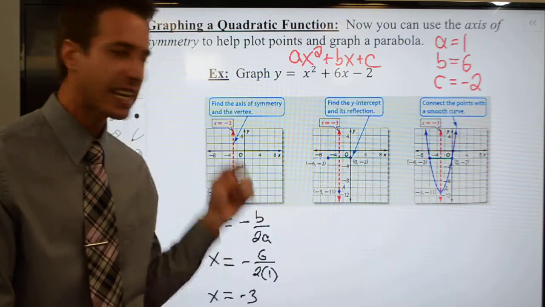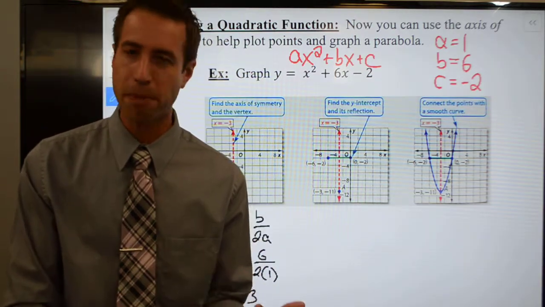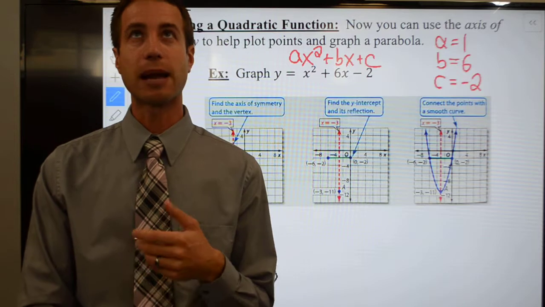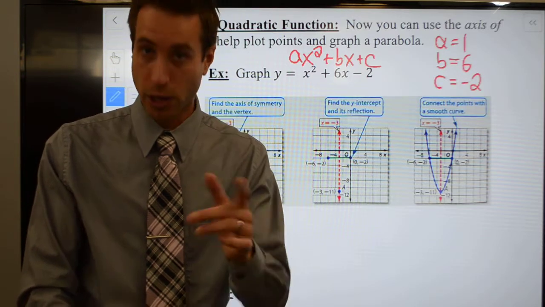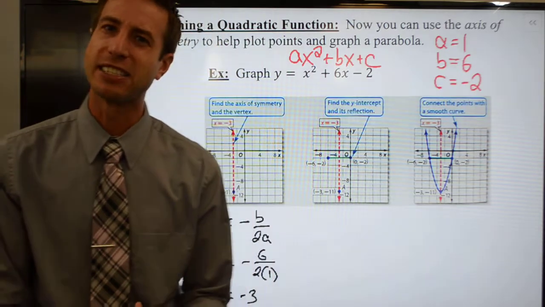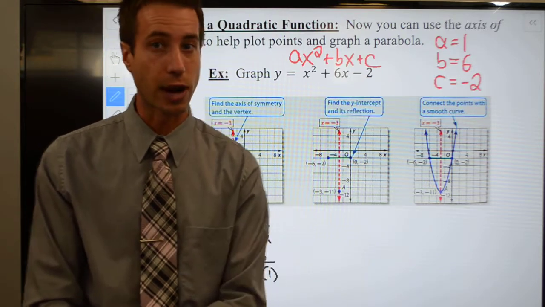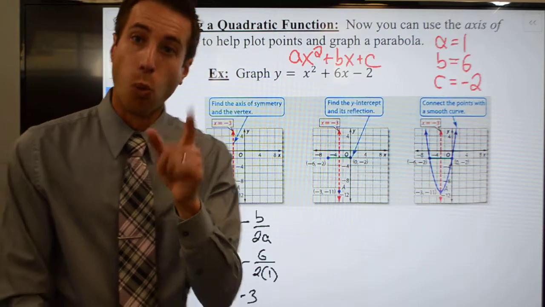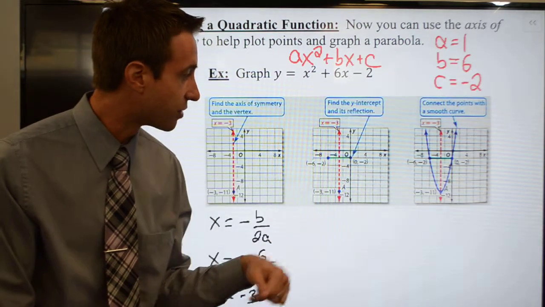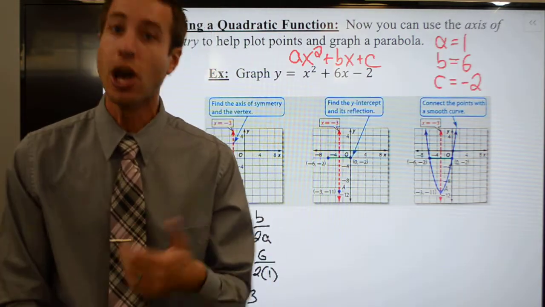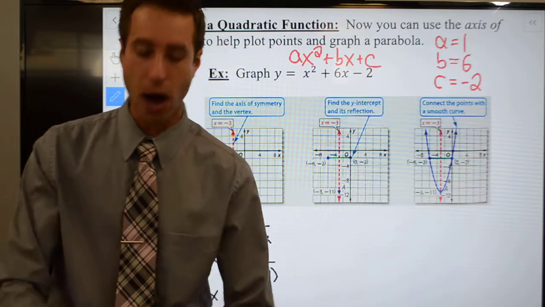And technically, my axis of symmetry is not part of that graph. It's just something I'm going to use to help me graph the parabola. Now, once I've found that axis of symmetry, the next thing you're going to do is go ahead and plot your y-intercept.